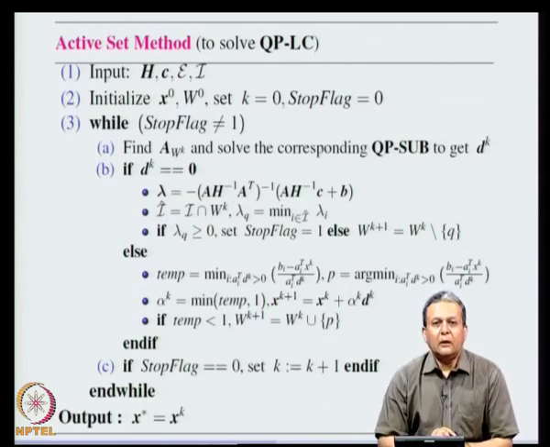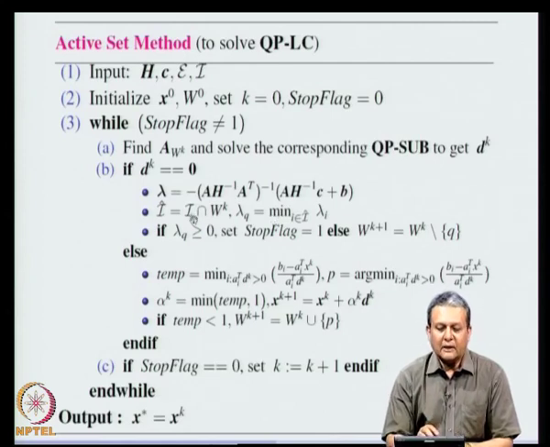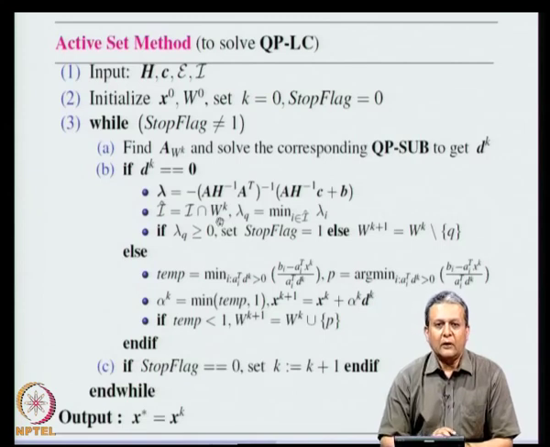Then we find the minimum value of lambda among all those inequality constraints which are active, or which are part of the working set. Now, if that minimum value is non-negative, then we stop. So, the stop flag is set to 1.